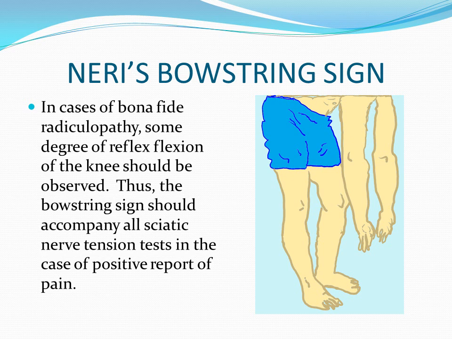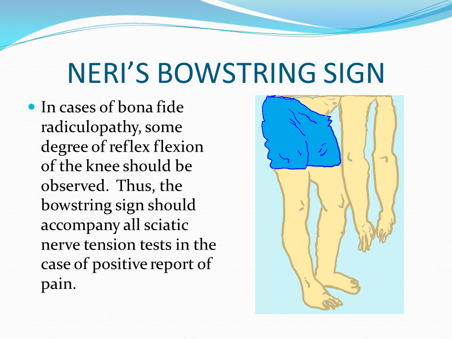And one of the ways that the bowstring sign shows up is in the lumbar spine range of motion maneuvers. And recall, the AMA Guides require that we take our examinee through some warm-up maneuvers prior to measuring the range of motion with goniometers. So as the examinee goes through various warm-up maneuvers, particularly lumbar spine flexion, which involves both hip flexion and a dorsiflexed ankle, in the case of a bona fide radiculopathy, you would expect to see some degree of reflex flexion of the knee.